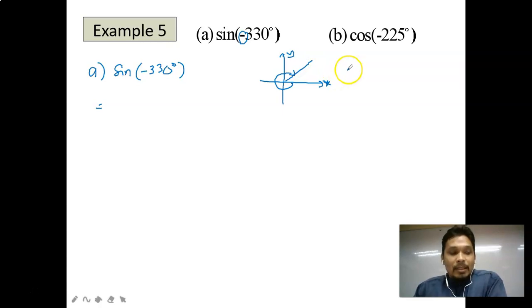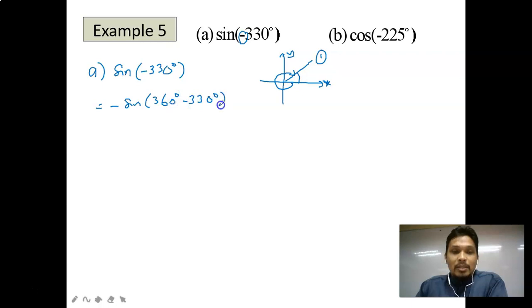And then from here, we take this basic angle alpha, of sine negative 330, clockwise direction ends up here in the first quadrant, so equal to negative sine 360 degree minus 330 degree.